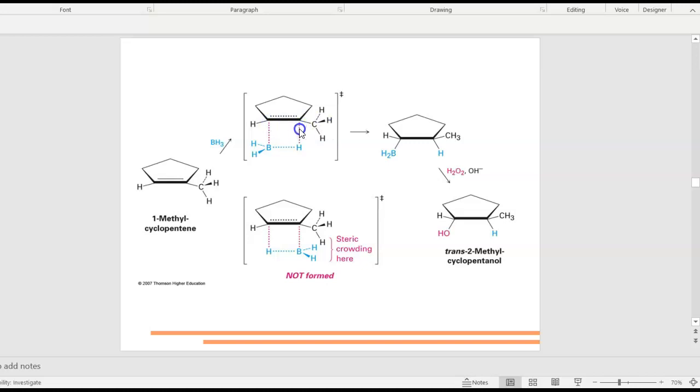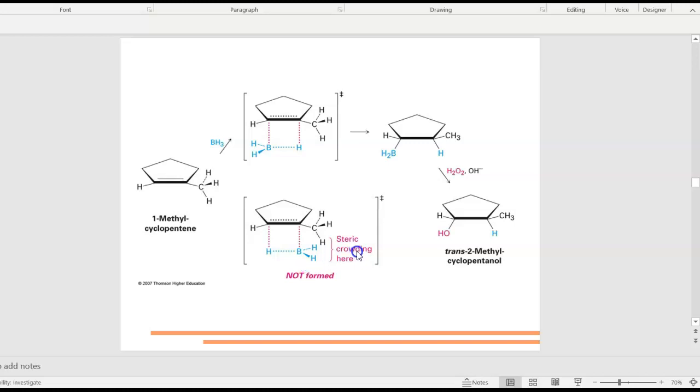There will be crowding here, so this one is not formed. So where the BH2 goes here, that is not formed. On the other hand, the BH2 goes to this carbon atom which is less substituted, and then when the oxidation happens, the OH ends up in this carbon atom which is less substituted. Okay. So the stereochemistry is important here.